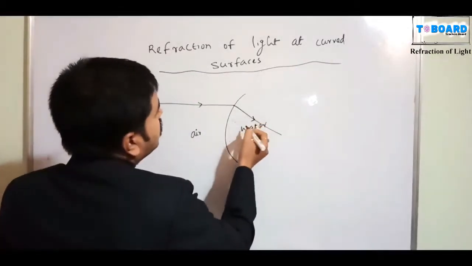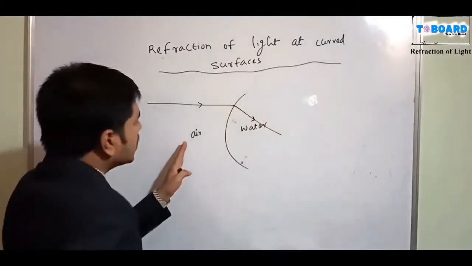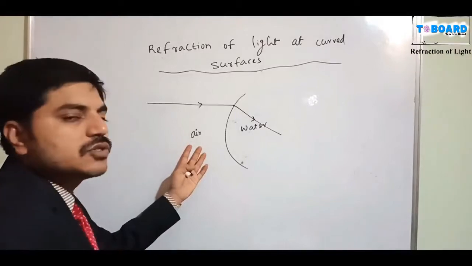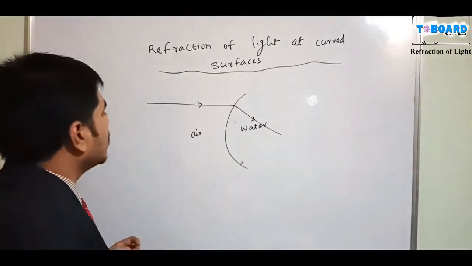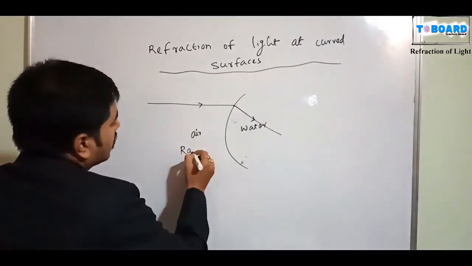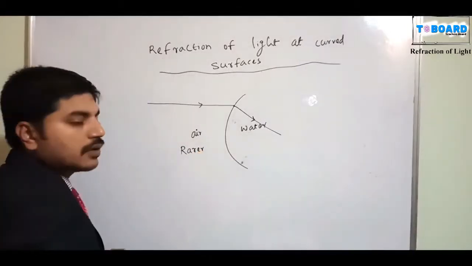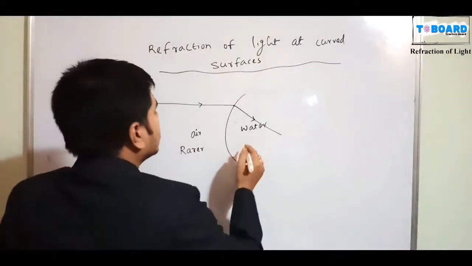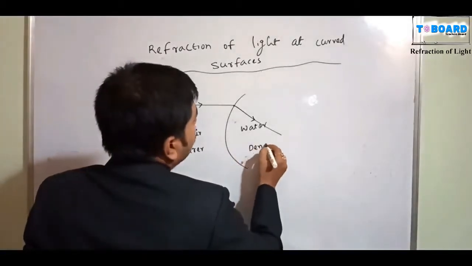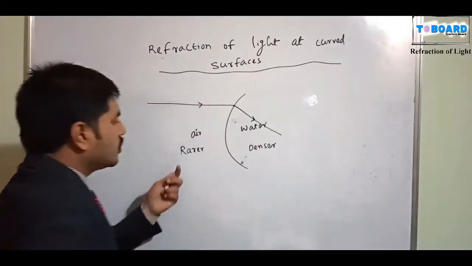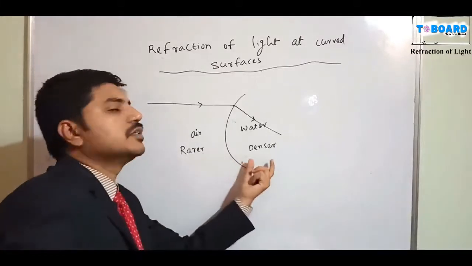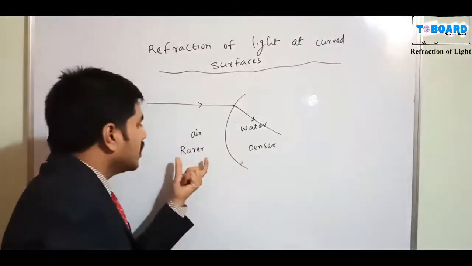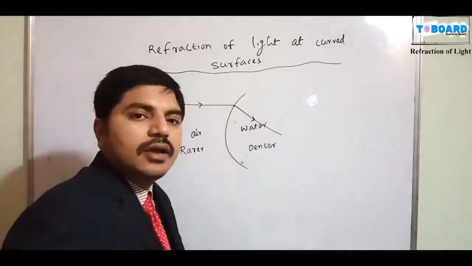Where are we going to observe this? In this situation, air is called a rarer media, and the water is called a denser media. So here you observe that the first media is a rarer media, the second media is a denser media.